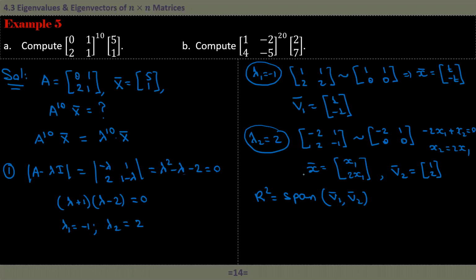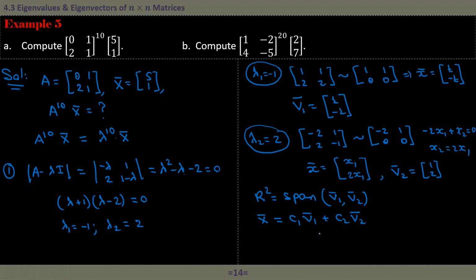That means that I can express this x in terms of v1 and v2. So now this vector x can be expressed as the linear combination c1 times v1 plus c2 times v2. Again, to find c1 and c2, what should we do here?